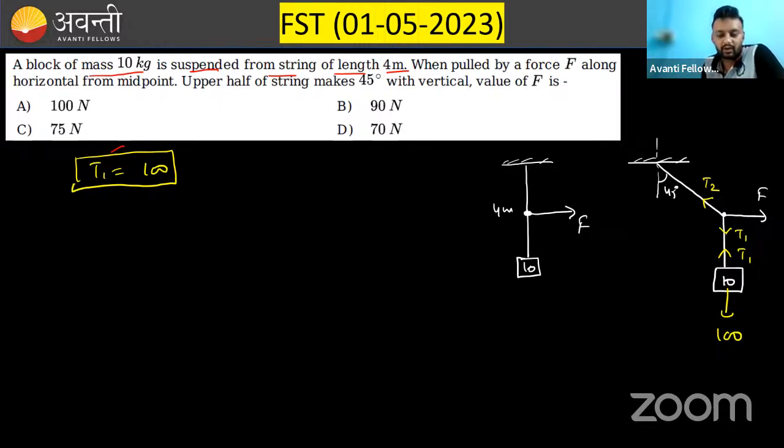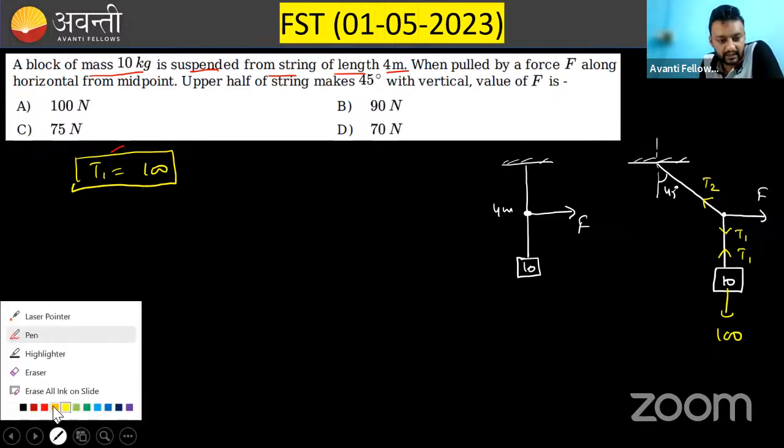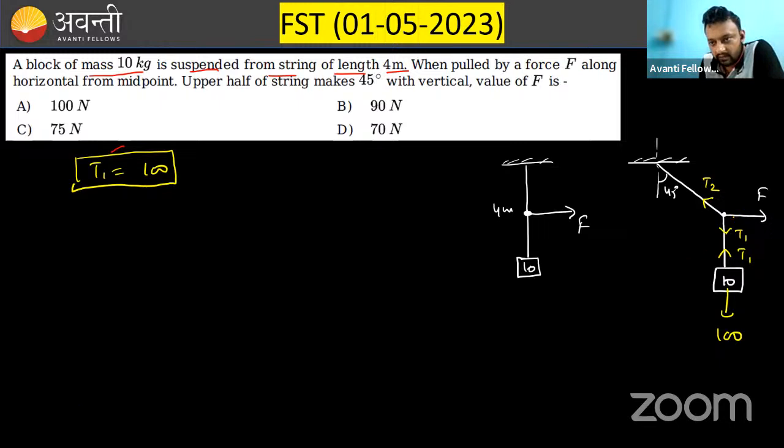So using Lami's theorem, first of all, try to write down the angles. This is 90.